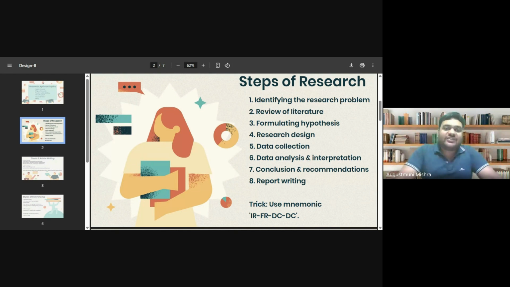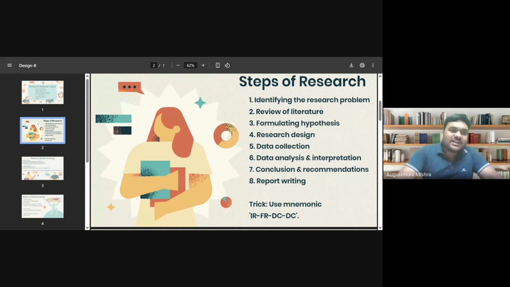In mathematics we use these signs. After setting the hypothesis, we collect data with the help of a sample. We apply different statistical tests on the sample data to arrive at some findings. Then those findings are interpreted. Meanwhile, we discuss the other aspects of the research process.